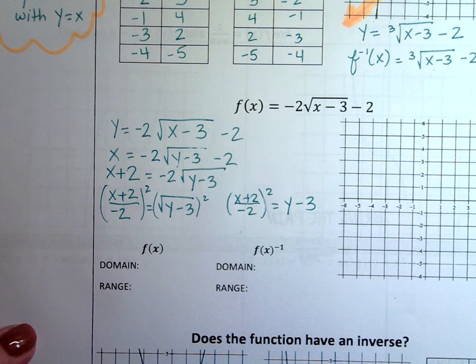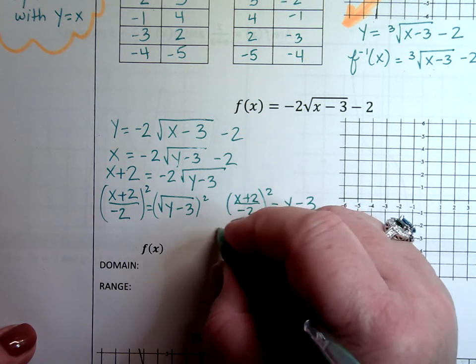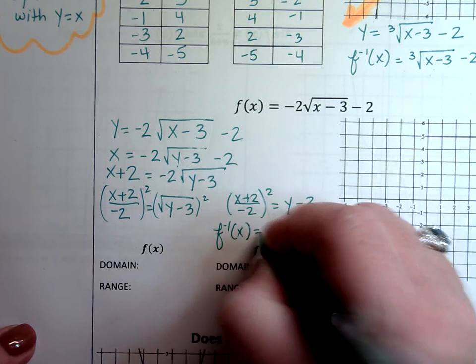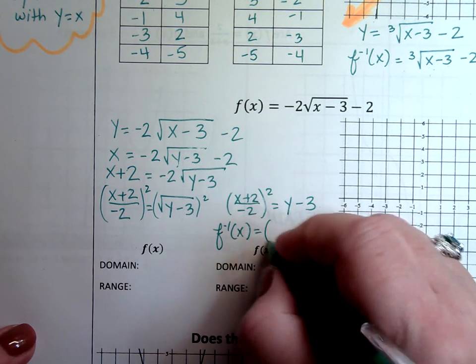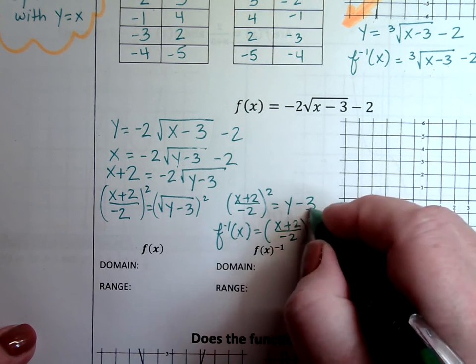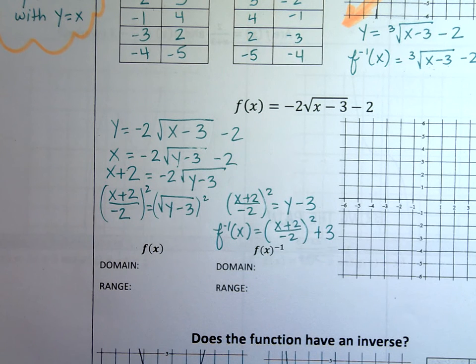And then you want to get the y by itself, so you're going to add 3 to both sides. And here's what your y is going to equal, which you're going to call the inverse. I'm going to kind of put those two steps together since I'm running out of room. I have x plus 2 over -2, squared, and if I bring this 3 to the other side, it's a plus 3. That is my crazy inverse.